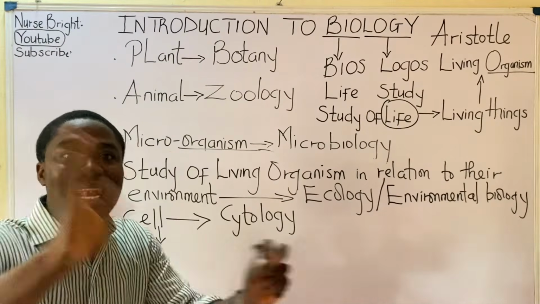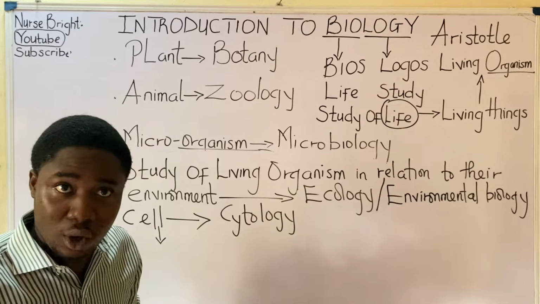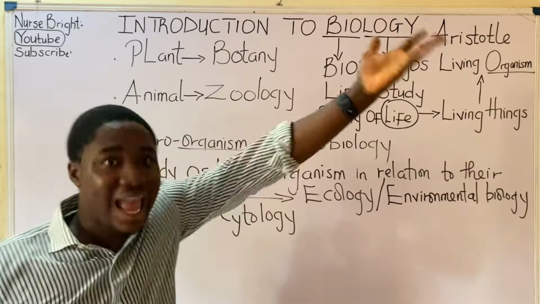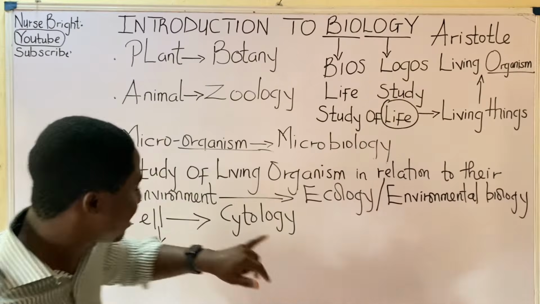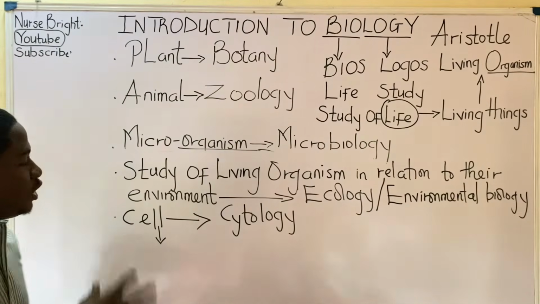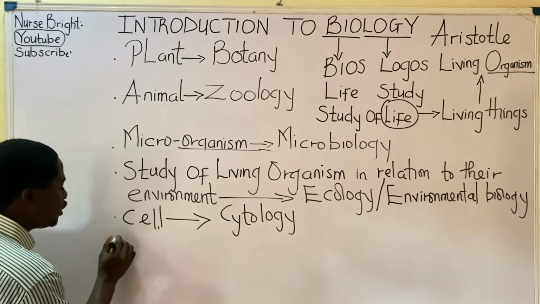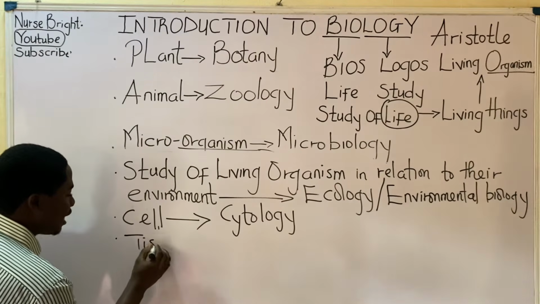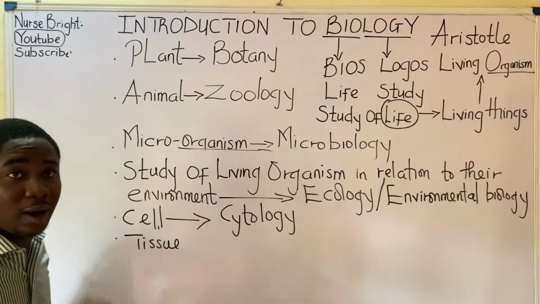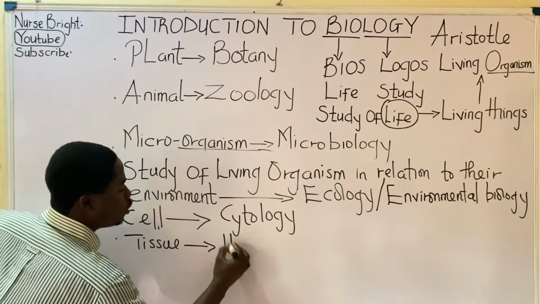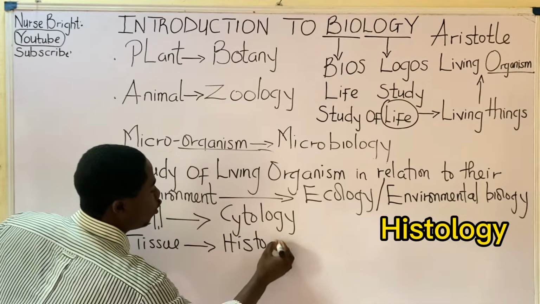Without the cell, life cannot exist. So cells are very important. So the study of the cell is simply called cytology. When we study tissues, what do we call that? Cell tissue, I'm going to talk about that in subsequent videos. When we study tissue, we simply call that histology.